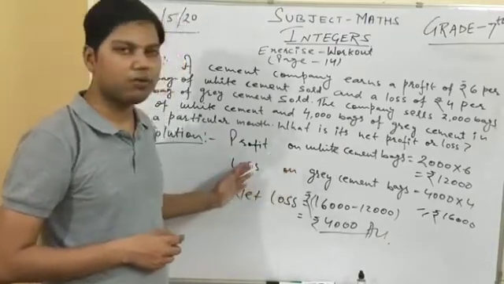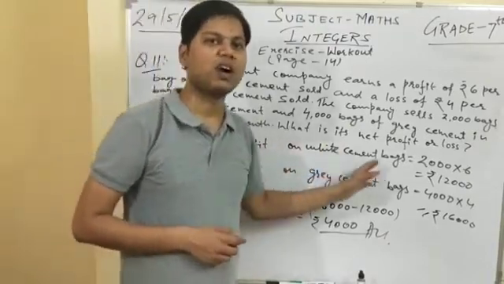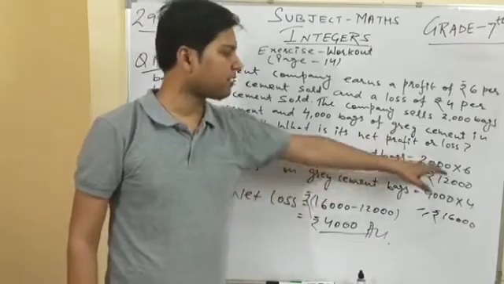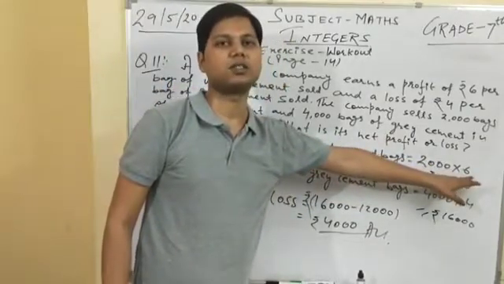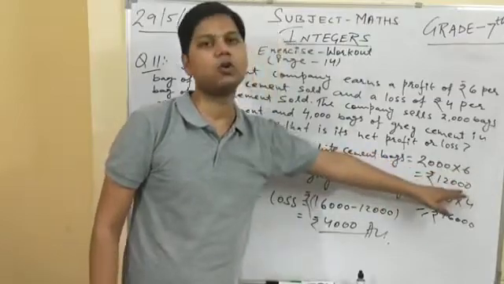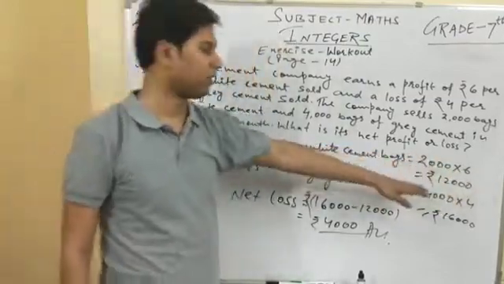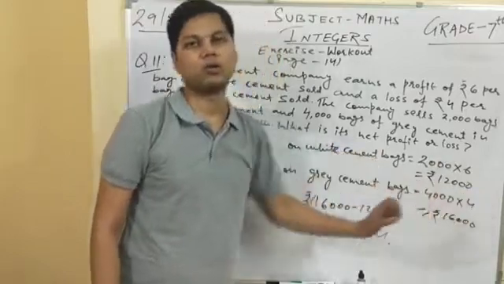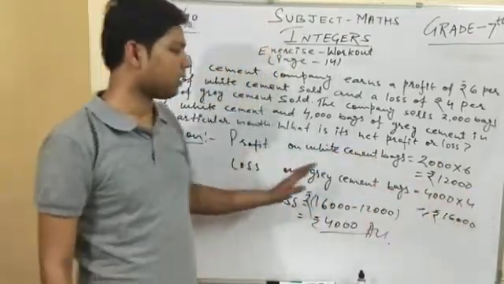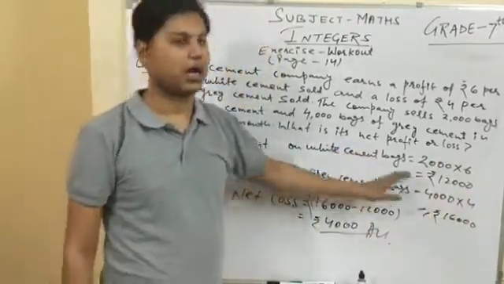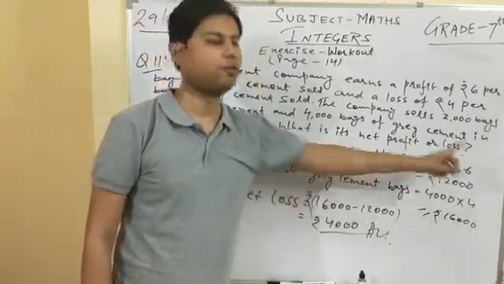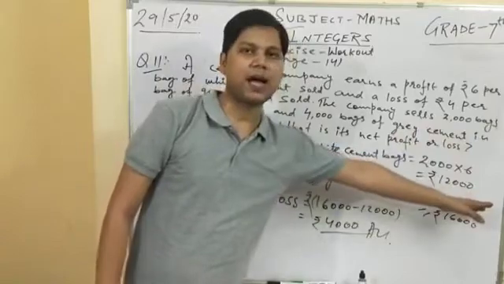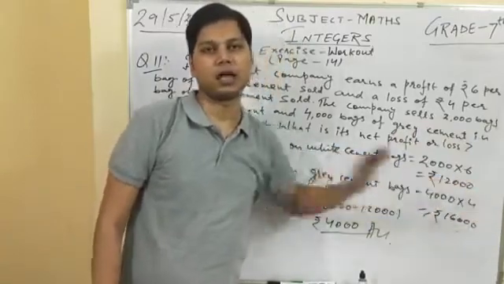So first of all, we have to find the profit on white cement bags. The number of bags is 2,000 and the profit we earn is rupees 6 per bag. So we multiply to get the total profit, 12,000. Now the grey cement bags sold are 4,000 and the loss is rupees 4 per bag. So we multiply, and we get 16,000.